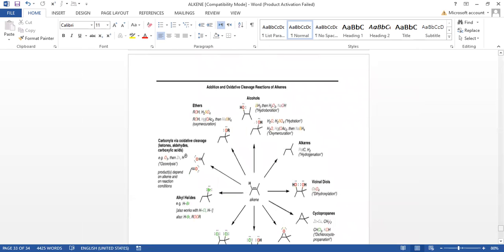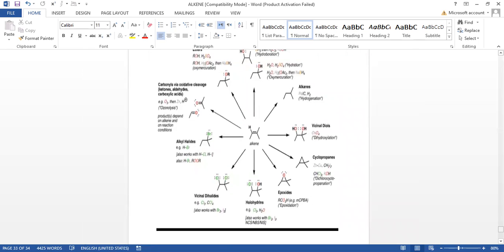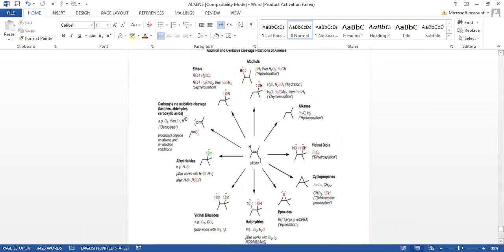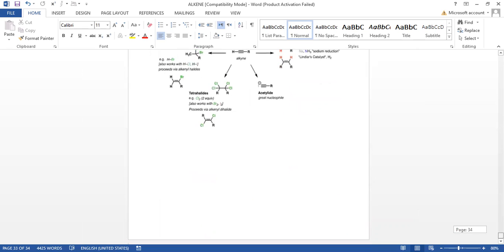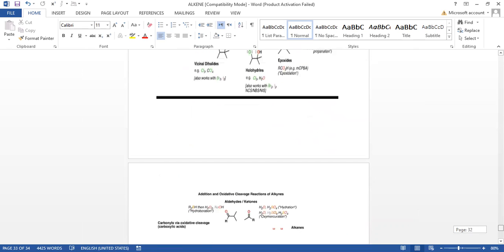It can easily be seen that this is alkene. It can also form vicinal diol. This can also form epoxide, halohydrin, vicinal dihalide, alkyl halide, ketones, aldehyde, carboxylic acid, ether, and alcohol. And that's all from my side.